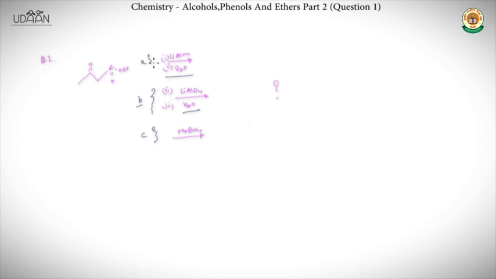So the basic approach to solve this type of question is that you should go with mechanism. Because once you go with mechanism, things become too easy. You don't need to memorize any reaction, or focus on rote learning. Just by mechanism you can do it. So let us proceed.